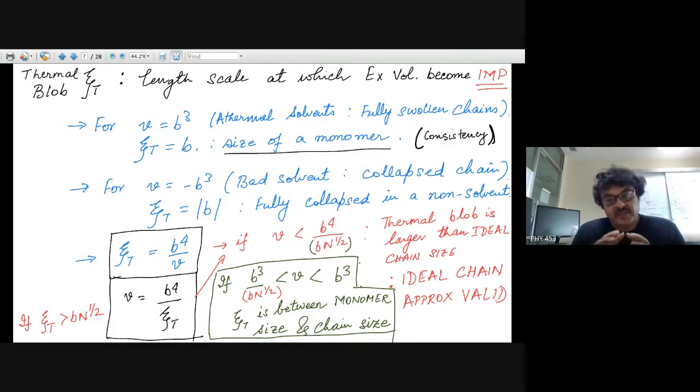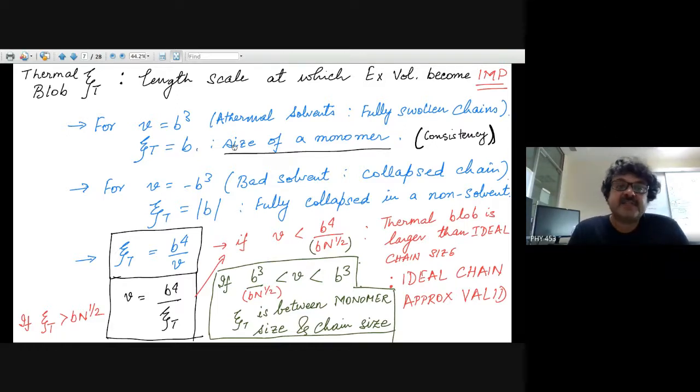So basically, never do you see n to the power half statistics, Rg goes as n to the power half, because it is completely collapsed. Each space between this collapsed globule is full of monomers, right? And the thermal blob length scale is again equal to b.